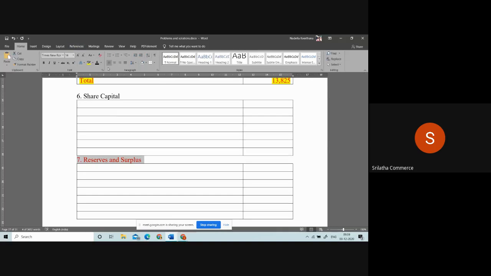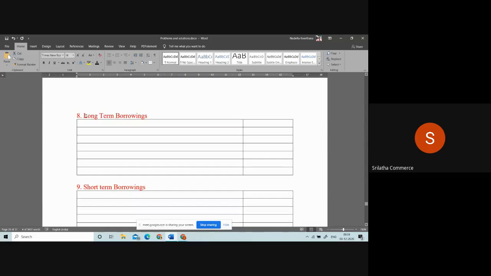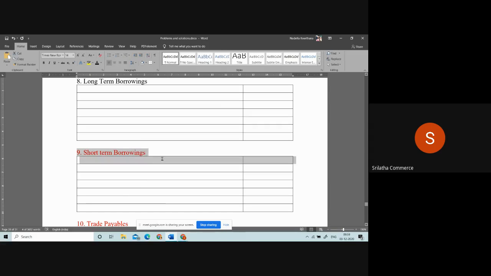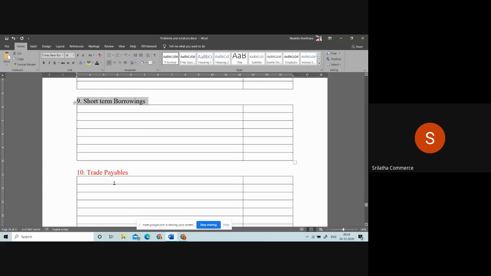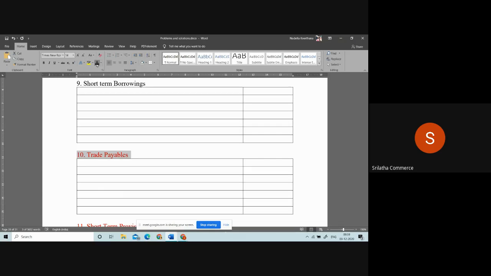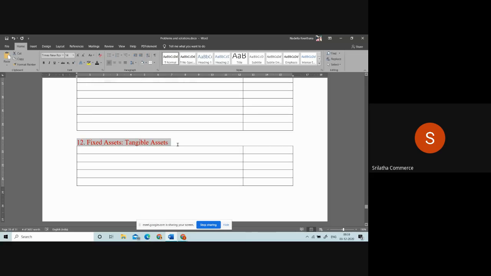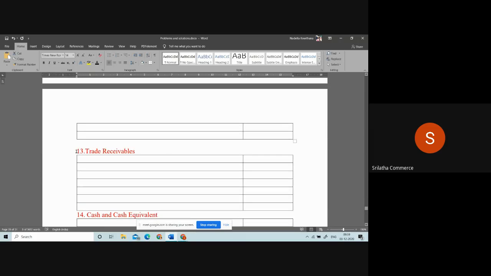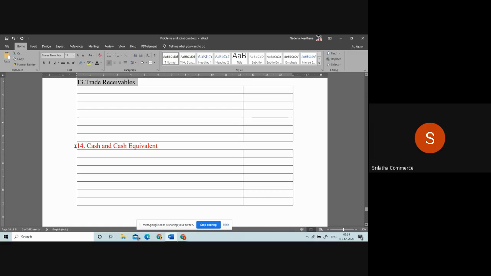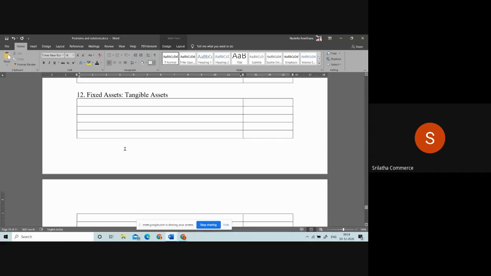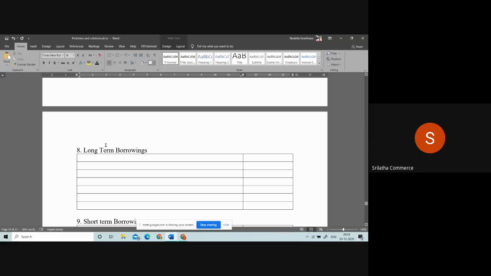Followed everyone? 6, 7 reserves and surplus. 8 is long-term borrowings. Then 9 is short-term borrowings, trade payables, short-term provisions, fixed assets, tangible assets, trade receivables, cash and cash equivalent. So total you have to prepare 14. From 6 to 14, total 9 formats you have to prepare.